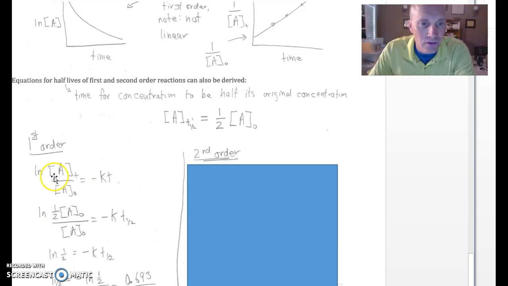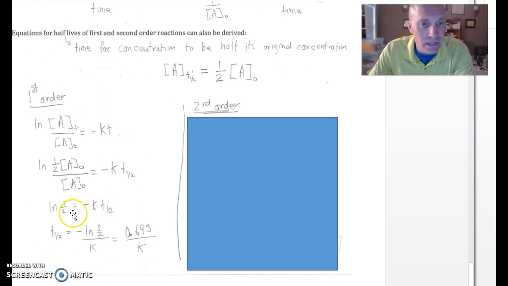Substituting in for the concentration at the half-life, we're going to have 1/2 of the initial concentration over the initial concentration.